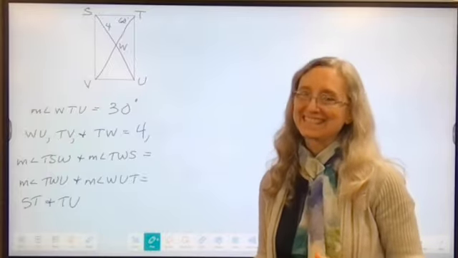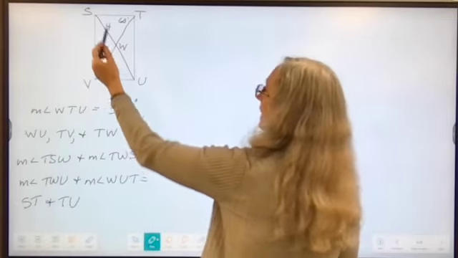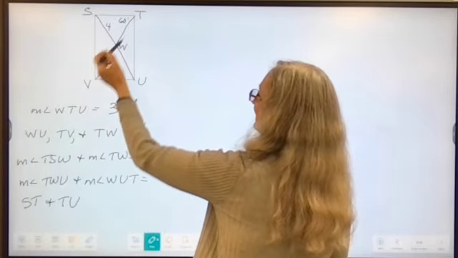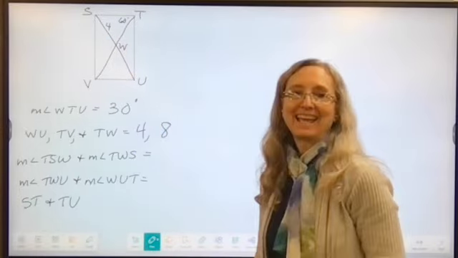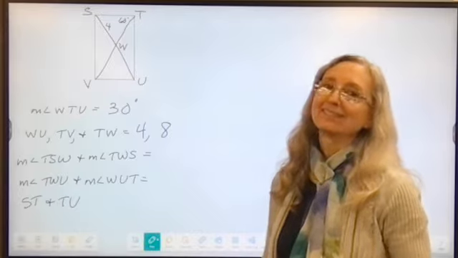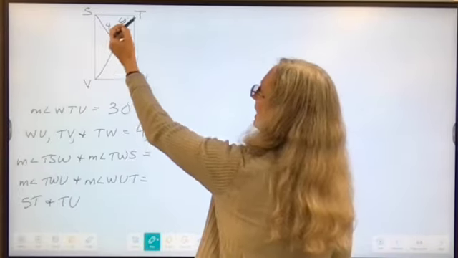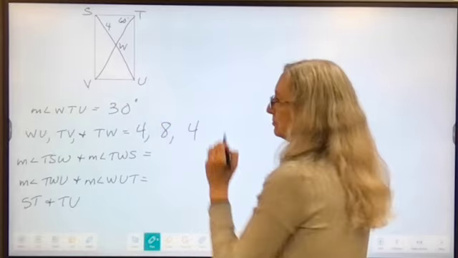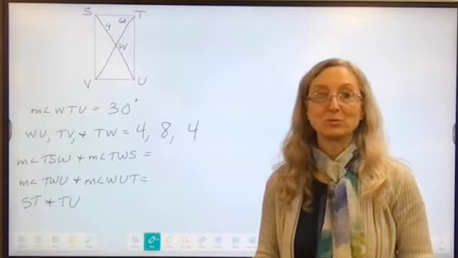Also, since it's a rectangle, the diagonals are congruent. Since SU would have to be 8, then TV would also have to be 8. And again, diagonals bisect each other, so half of 8, TW would have to be 4. That's the way diagonals work in rectangles.